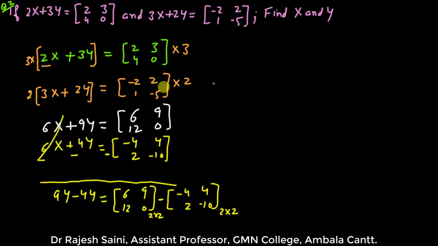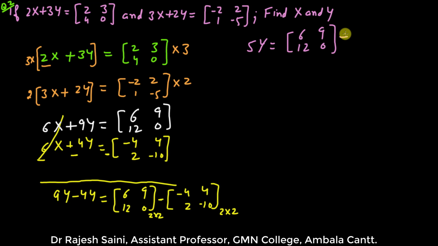9Y minus 4Y, what will you get? You will get 5Y is equal to 6, 9, 12, 0. The minus will be multiplied inside with each and every element.